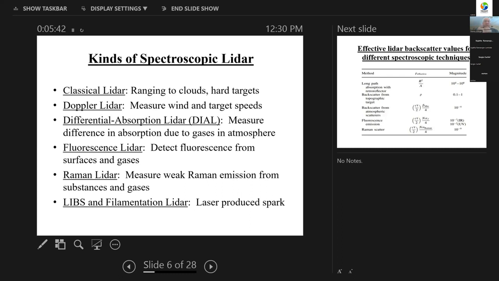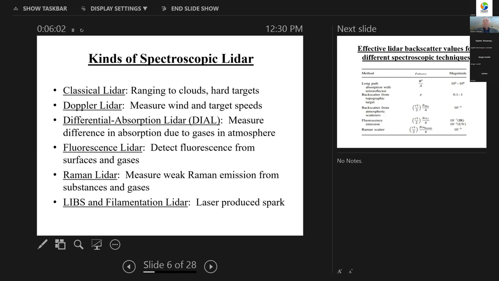And so from the Doppler shift, you're able to measure whether it's the speed of the air or the target. There's differential absorption LiDAR, we call it DIAL, but you're really measuring the difference in absorption due to gases in the atmosphere. And what you do is you send out two different wavelengths of light.